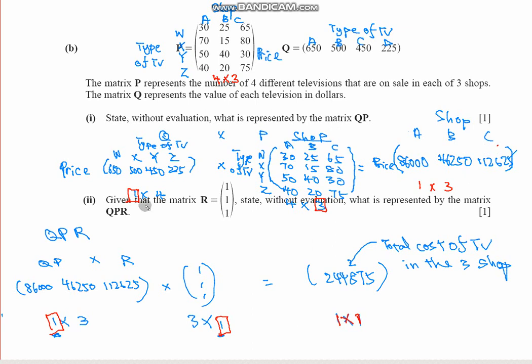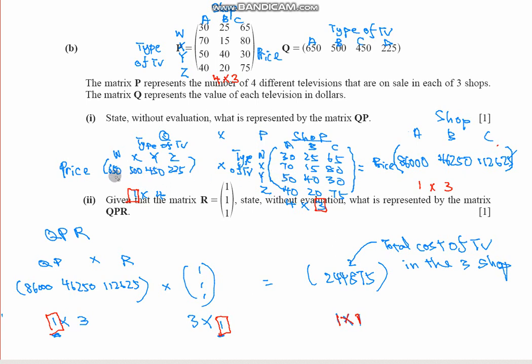Now let's check the meaning of the multiplication, to see whether it makes sense. The price of TV W is 650. If you use matrix multiplication, 650 will multiply by 30, 500 will multiply by 70, 450 will multiply by 50.